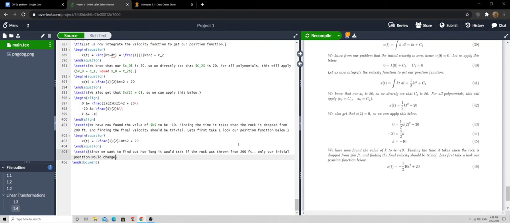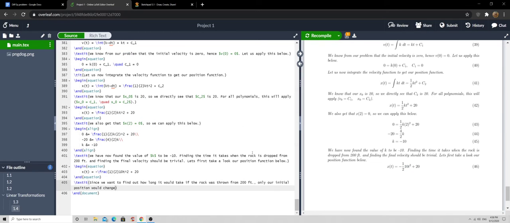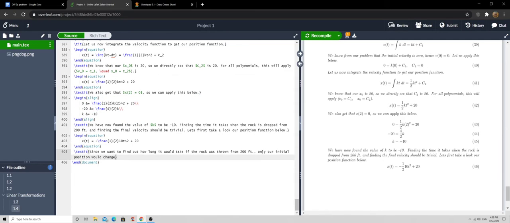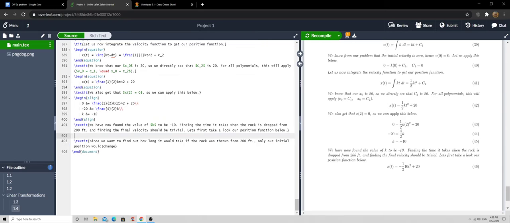Okay. So basically, our new position function would be, let's check it out. So how long would it take? I just want to get rid of this here. And then this is fine, right? Get rid of this.